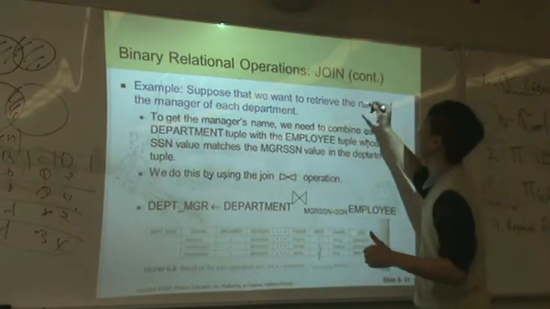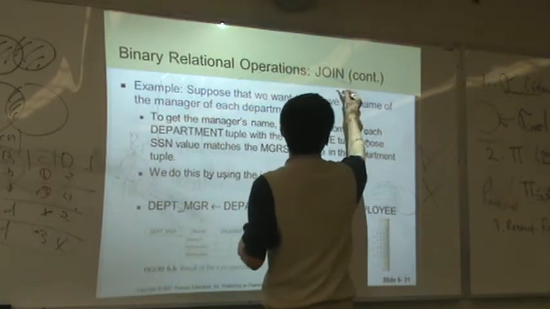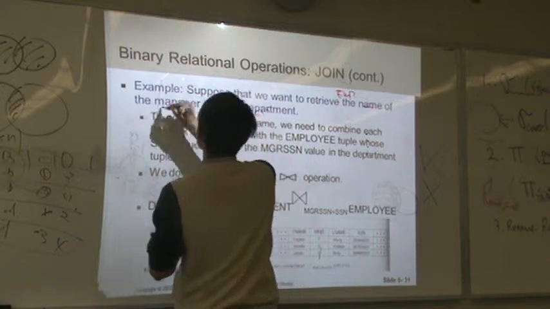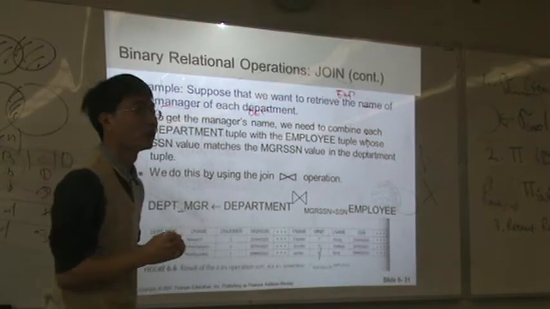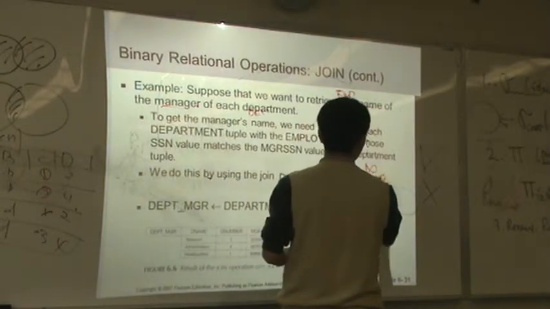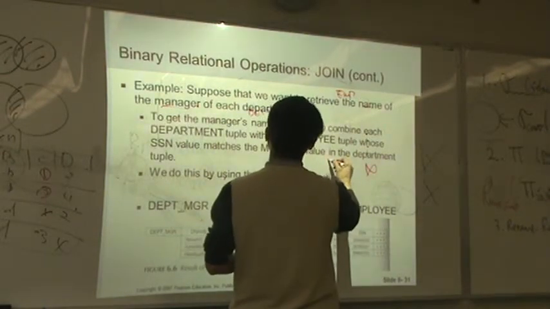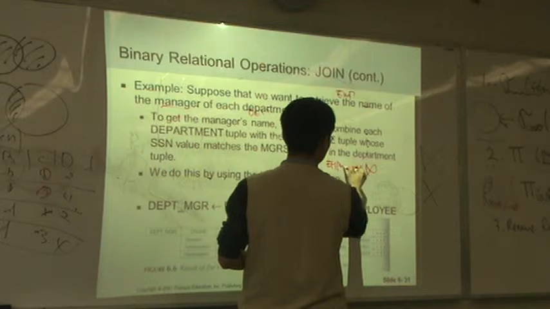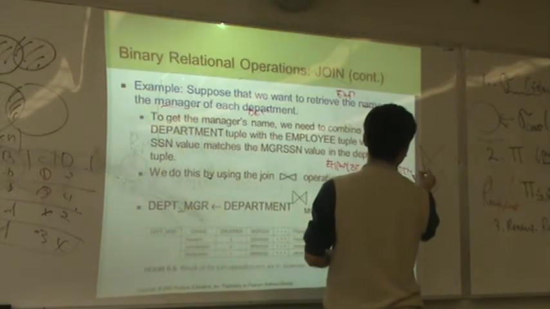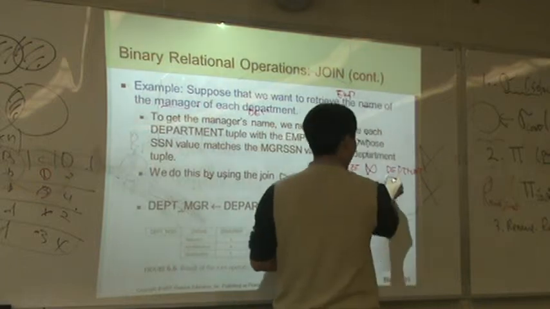So we cannot get this information from one relation. So definitely we need to access employee for name and department for manager information. How can we do that? Using join operation. With join operation, we can access the employee and department. And the join condition.